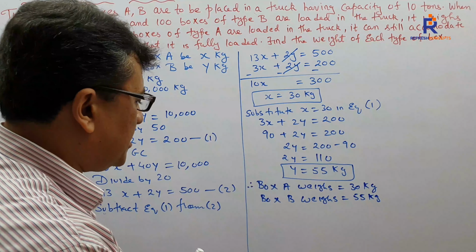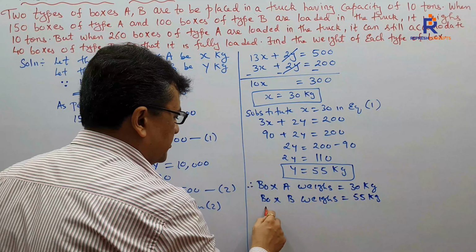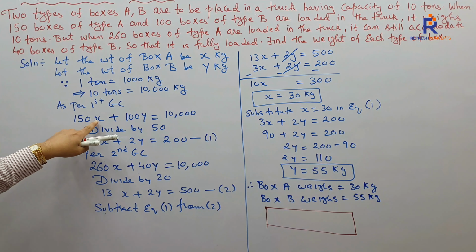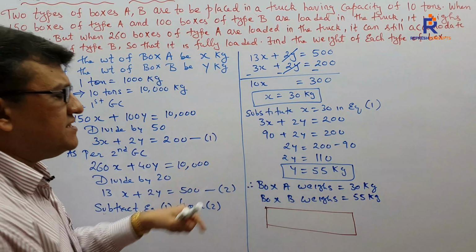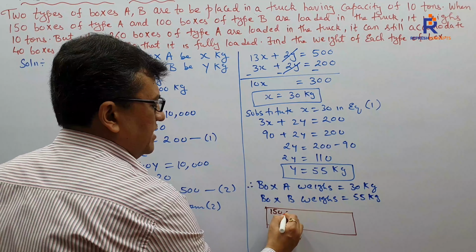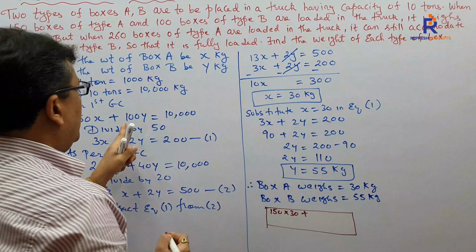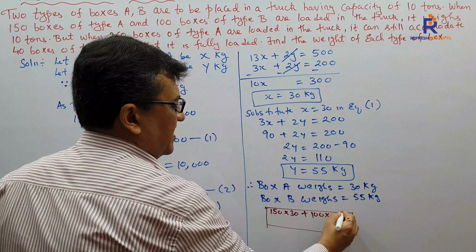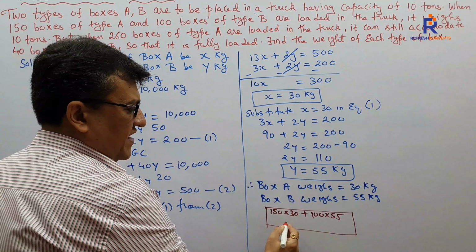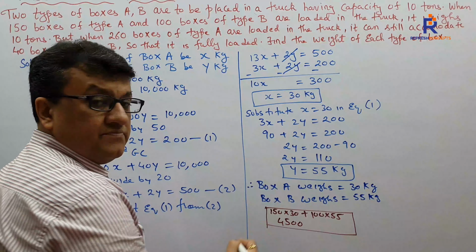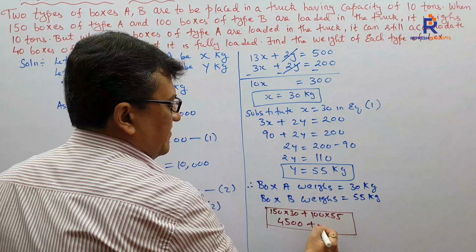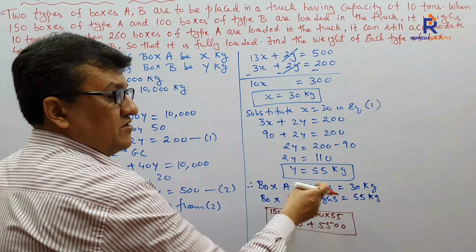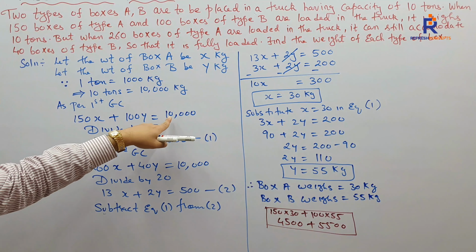So let me give you the cross check here. This is only cross check, mind you children. 150 into x, x being 30, 150 into 30 plus 100 into y, which is 55. 15 3s are 45, 4500. 55 into 100, 5500. 4500 plus 5500, answer is 10,000.